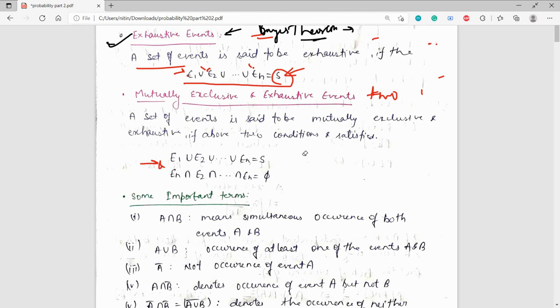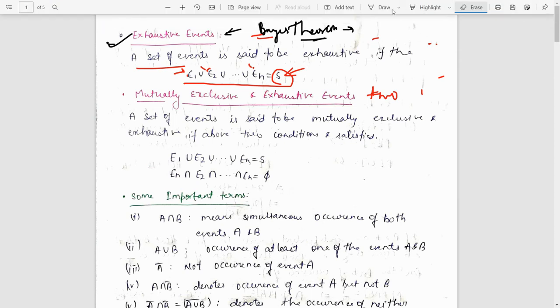So for events to be mutually exclusive and exhaustive, both conditions should be true. First, when you take the union of all those events, it is your sample space, and when you take the intersection of all these events, it's a null set. Here you can show this in the throwing of a die.